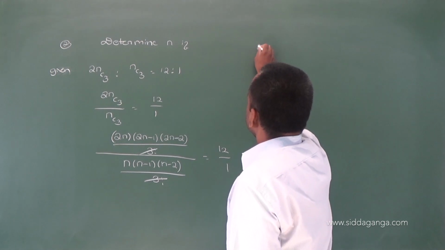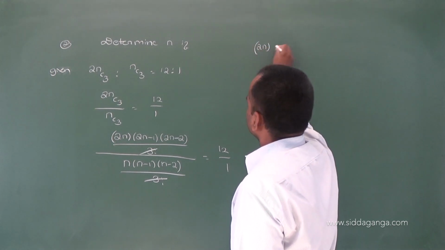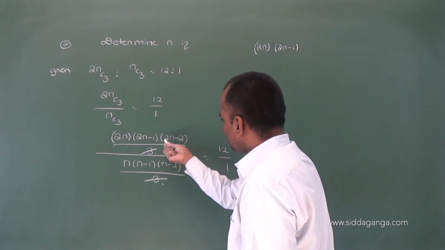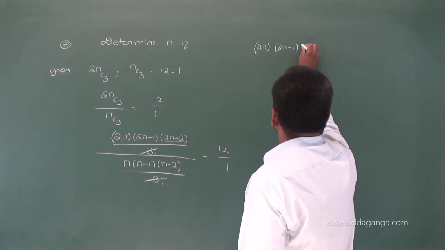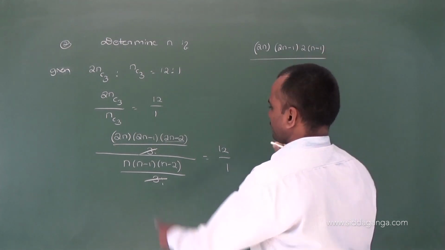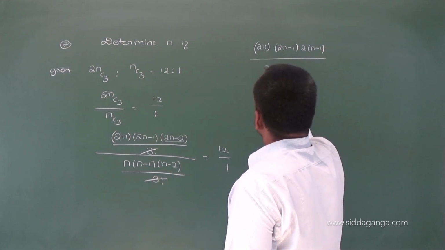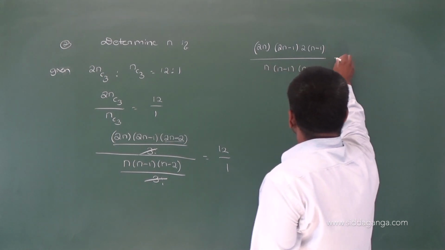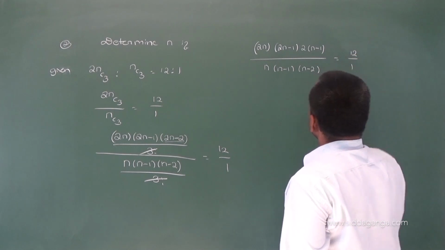What is left? 2N into 2N minus 1. In this term, I take 2 common: 2 into N minus 1, divided by N into N minus 1 into N minus 2, equals 12 divided by 1.